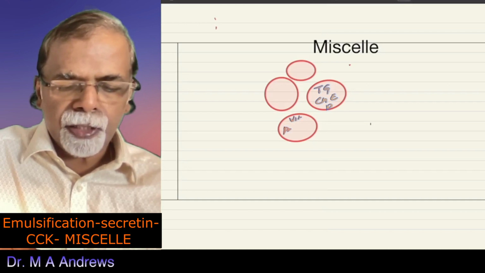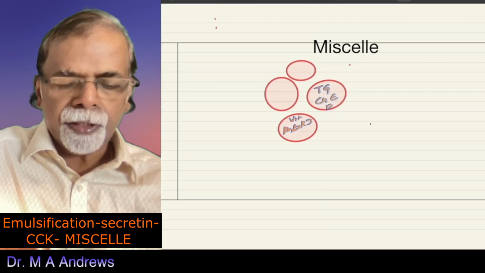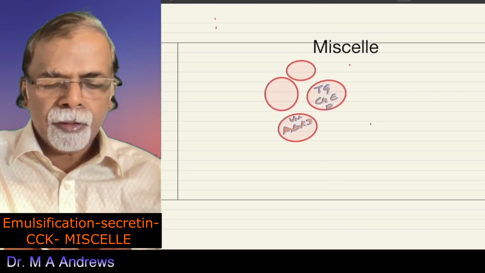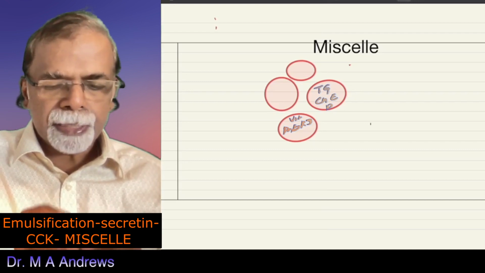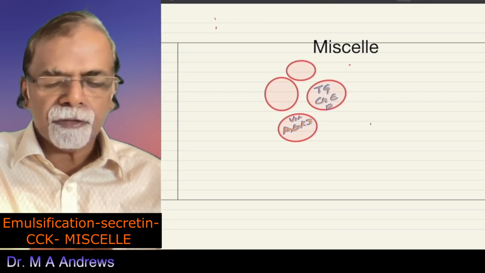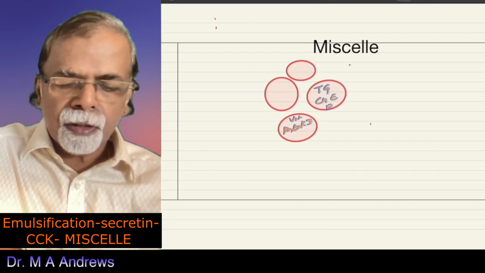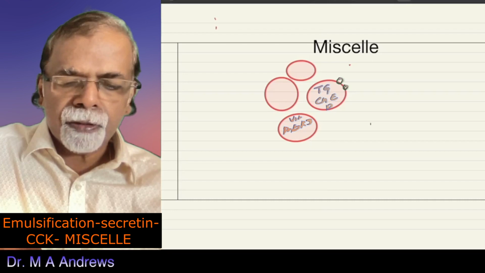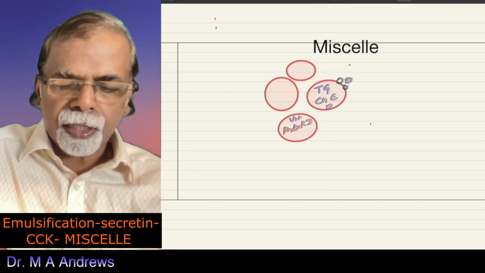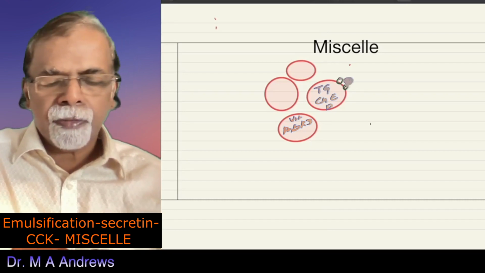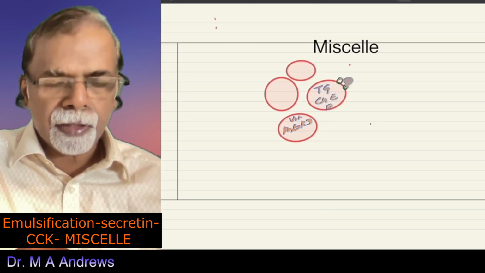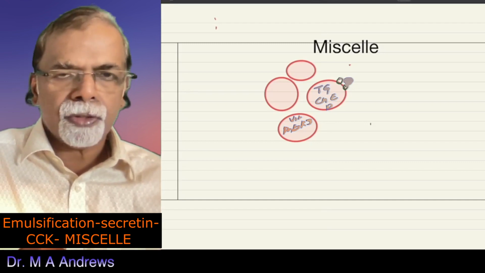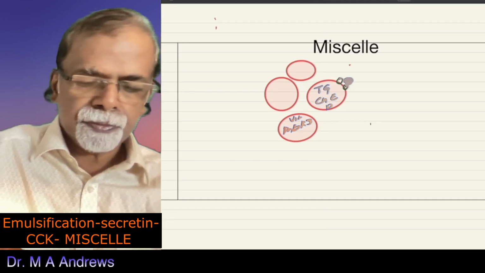That is vitamin A, E, K, and D. So this is the micelle or the mixed micelle formation, to which the co-lipase is attached, and once the co-lipase is attached, the pancreatic lipase will come and digest the triglycerides and the cholesterol esters and phospholipids.